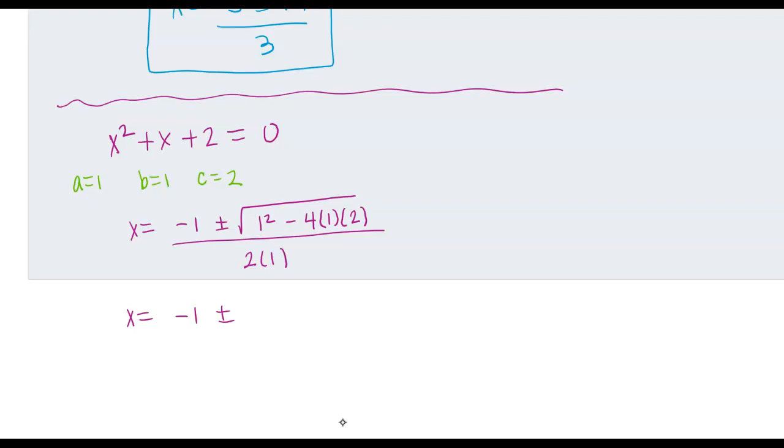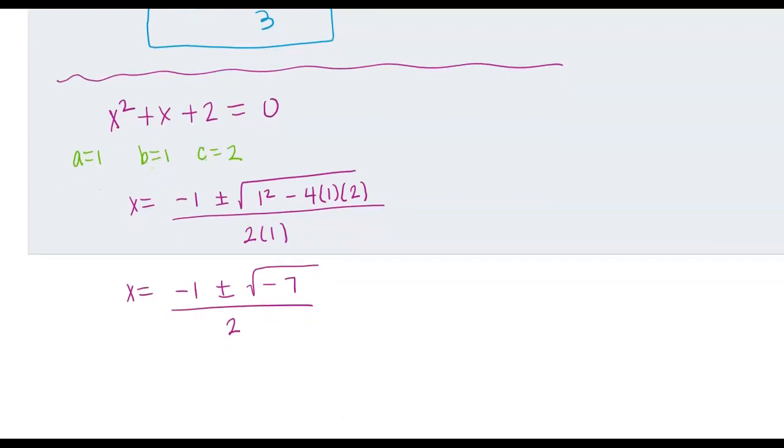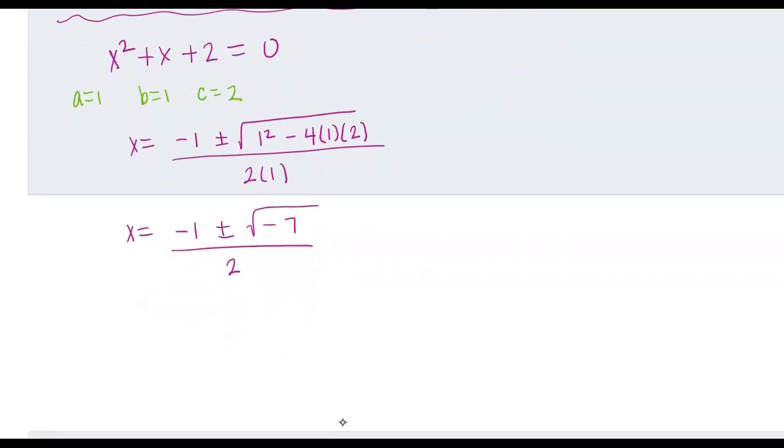Underneath the radical sign, I'm going to have 1 minus 8, which is a -7. That's going to end up being an imaginary number, right? So -7 under the square root is the same as the square root of 7 times i.